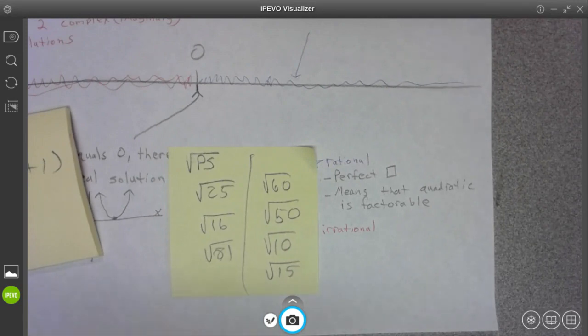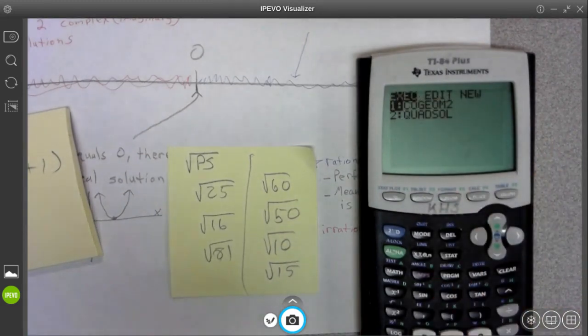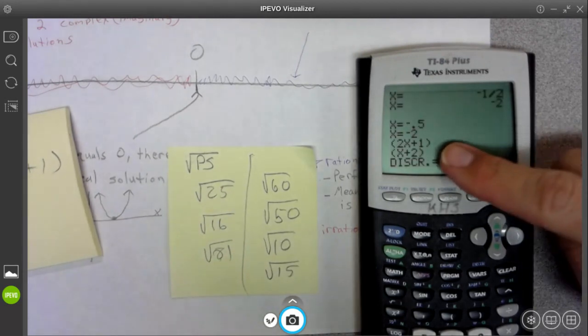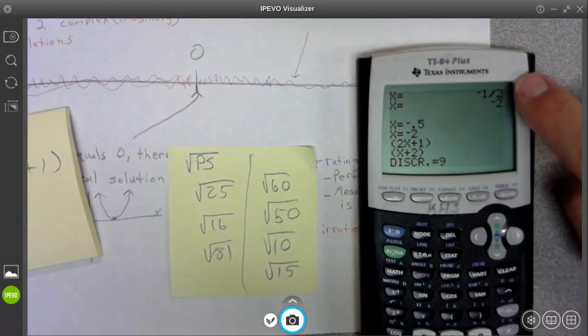The difference, irrational and rational, just means that rational means that the answers will be whole numbers or fractions. Irrational means that the decimal is going to go on forever. So I'm just going to type in a random one here. Oh, actually, this one was rational. The discriminant was equal to 9, and the answers were fractions.